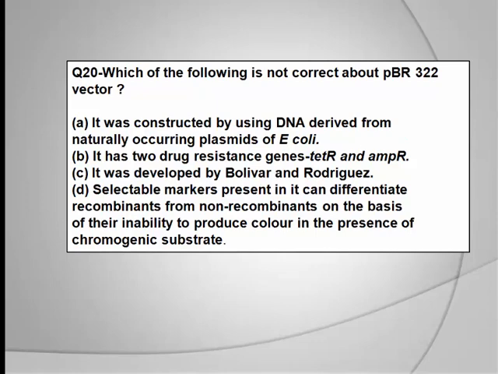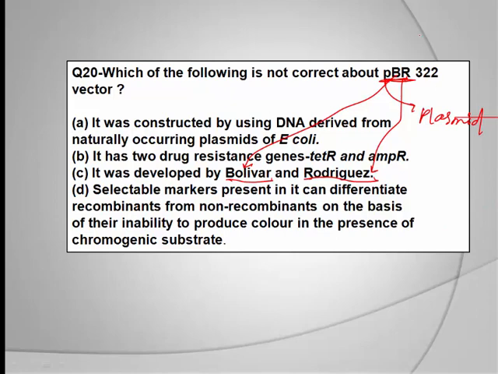So in pBR322, P stands for plasmid, B for Bolivar, one of the constructors of pBR322, and R for Rodriguez. So what is option D here?